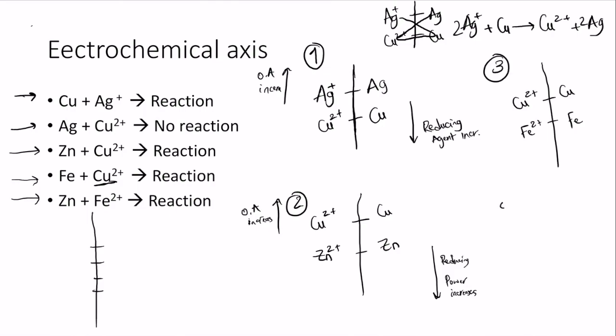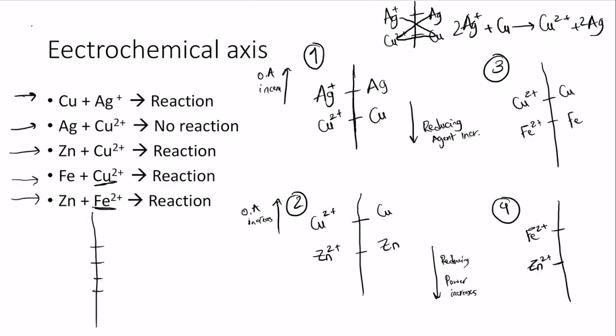Now in the fourth reaction, we have Fe2+ and Zn. Because we have a reaction, Fe2+ should have a greater oxidizing power than Zn2+, right?